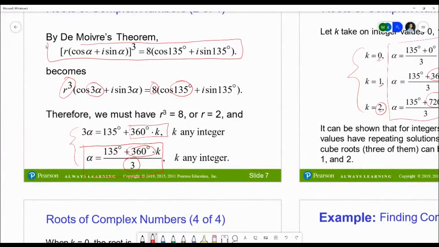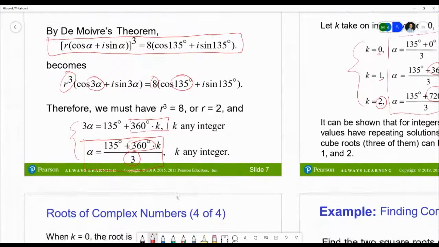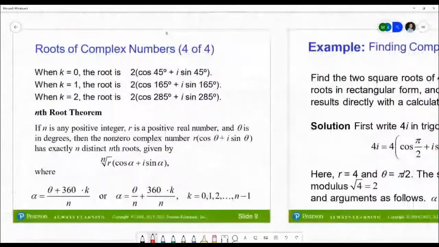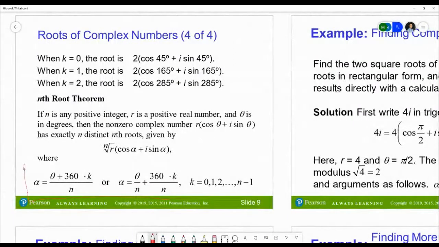Once you set it up like this, it will become very obvious to just apply De Moivre's theorem. You can choose to memorize this if you want, but if you understand how to get the first one, the rest of them will follow. Theta divided by n, and then 360 divided by n gives you your spacing. So you just keep going until you have that many roots.